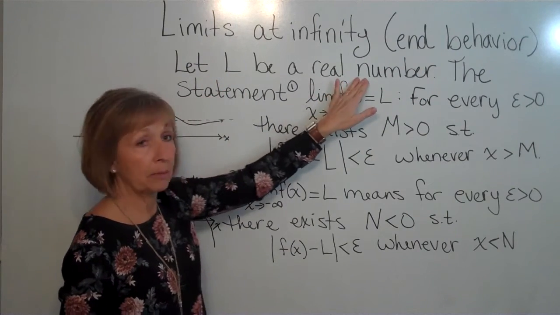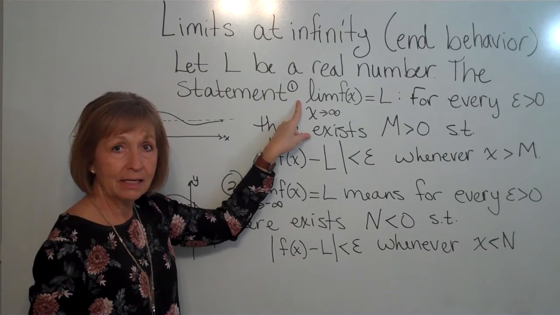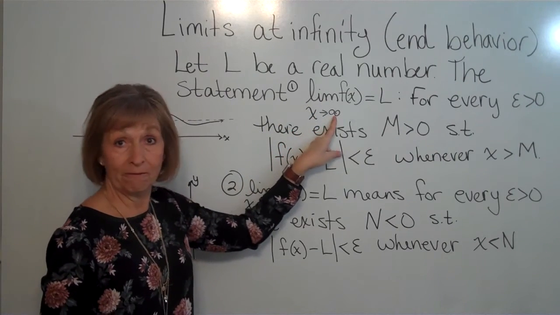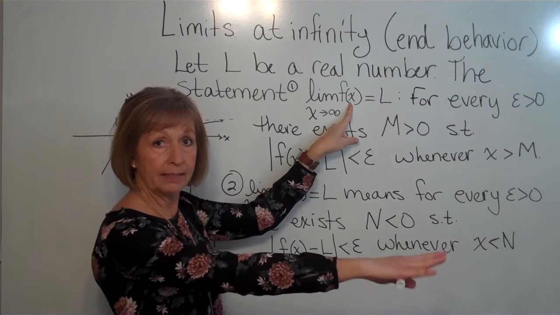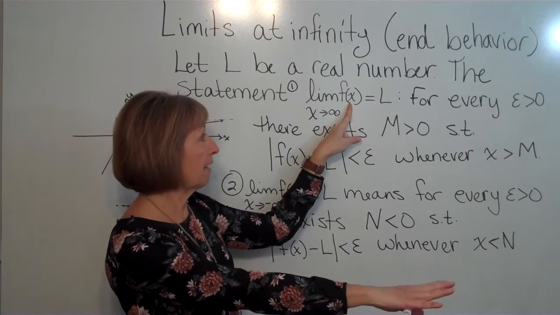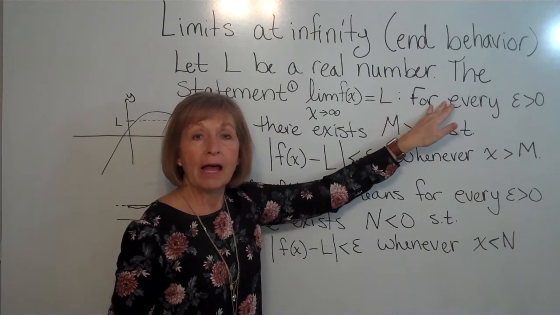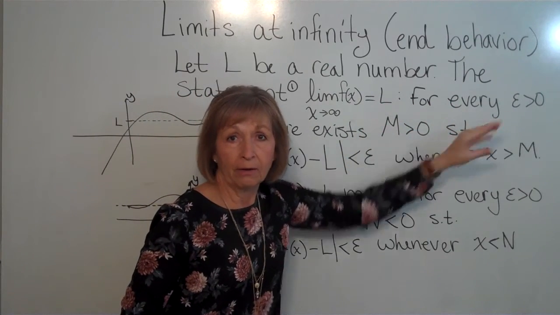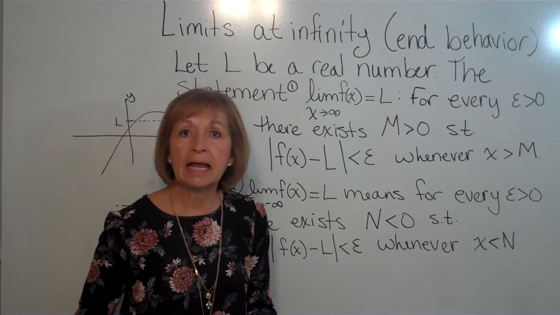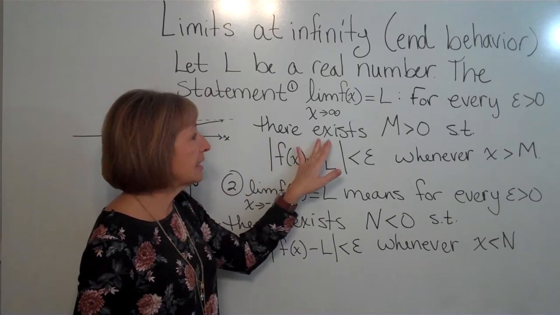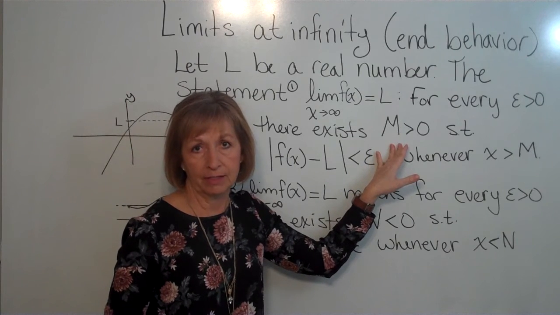Let L be a real number. Two different statements. The first statement is the limit as x approaches infinity of f of x, so as I look forever right in my end behavior, equals L. This means that for every epsilon greater than 0, where epsilon is a small positive number, there exists a capital M greater than 0.